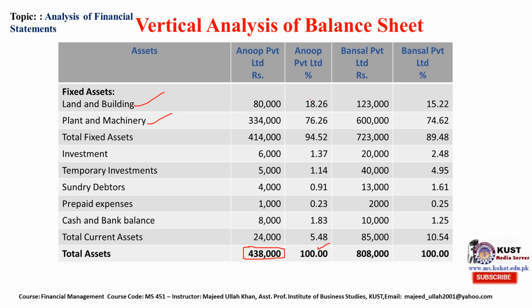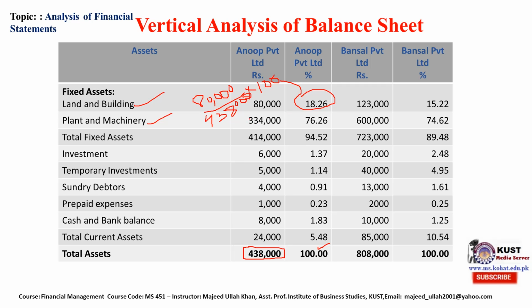How has this 18.26 been calculated? It is like this: 80,000 divided by 438,000 multiplied by 100 will be equal to 18.26.